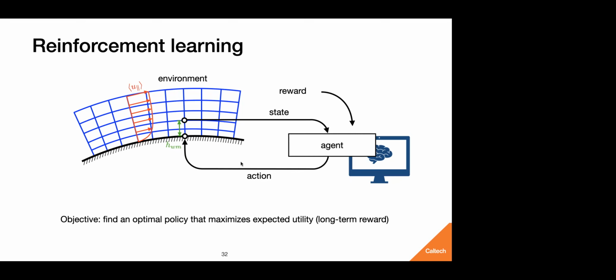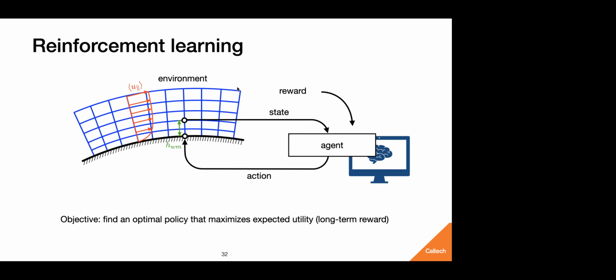On top of that, you just need a reward when you do the training. And the objective of reinforcement learning is to find an optimal policy that maximizes the expected long-term reward. So basically you train it such that you're optimizing the long-term reward.